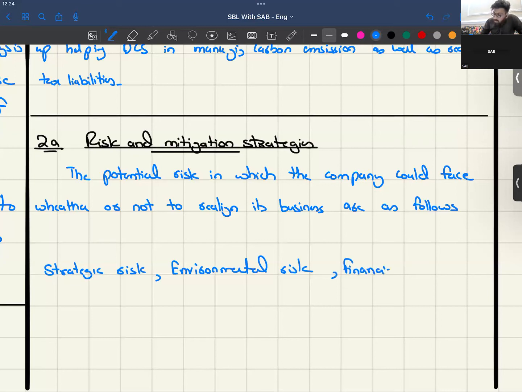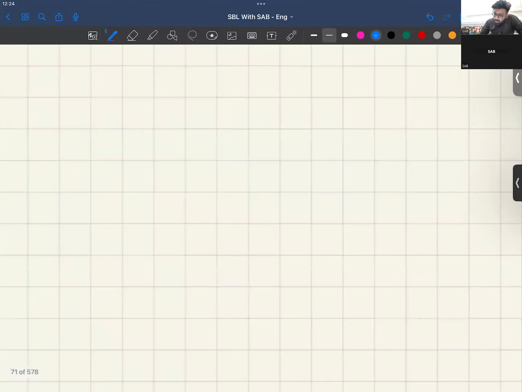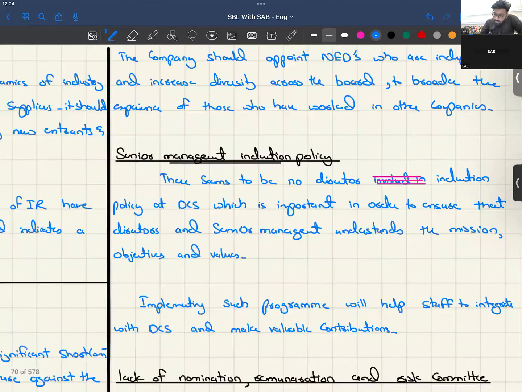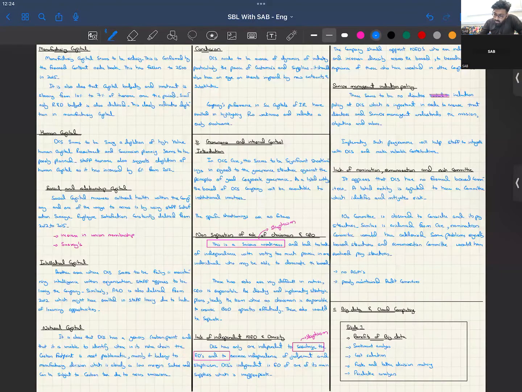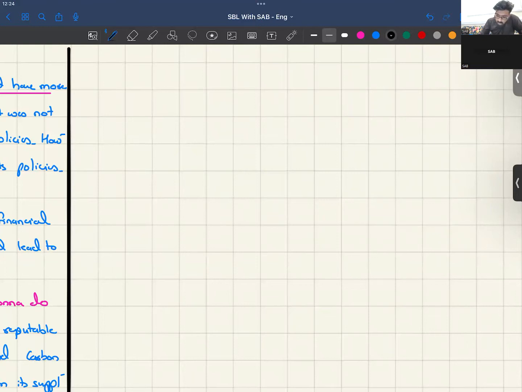They're losing their market. Business risk could also be written here. So any three risks which you consider that they are having an impact on.